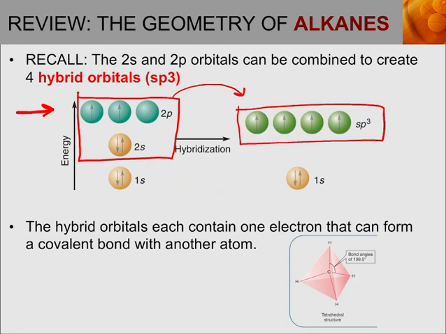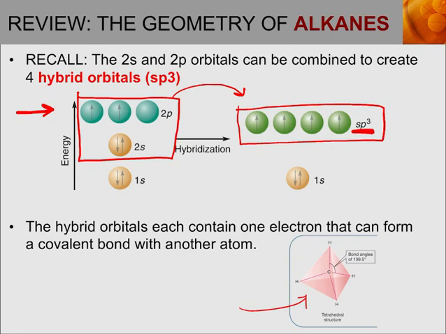So again, these sp3 orbitals, the name comes from the fact that we're using 1 s orbital and 3 p orbitals to make these 4 hybrid orbitals. And down below, we have an example shown here of methane, CH4, and that carbon atom in the middle is bonded to 4 other hydrogen atoms.